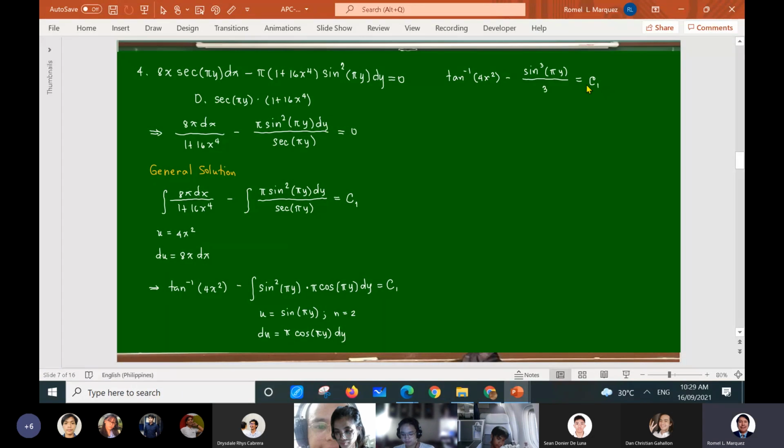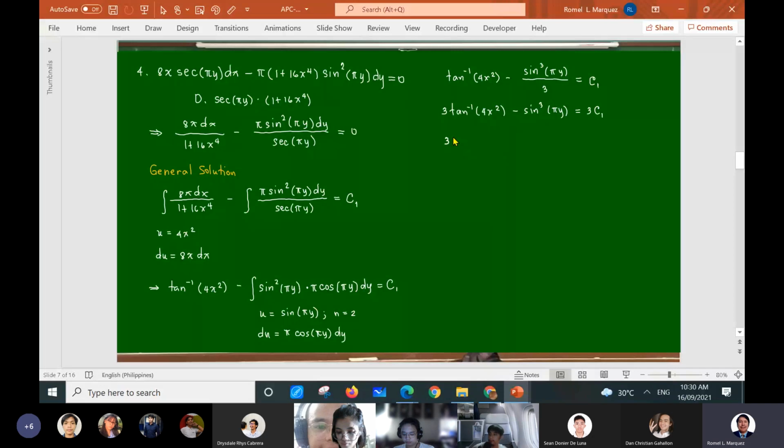Okay? Let's simplify by multiplying by 3. So this is 3 now. And then we have minus sine cubed of pi y is equal to 3c1. But I can let this by what, guys?